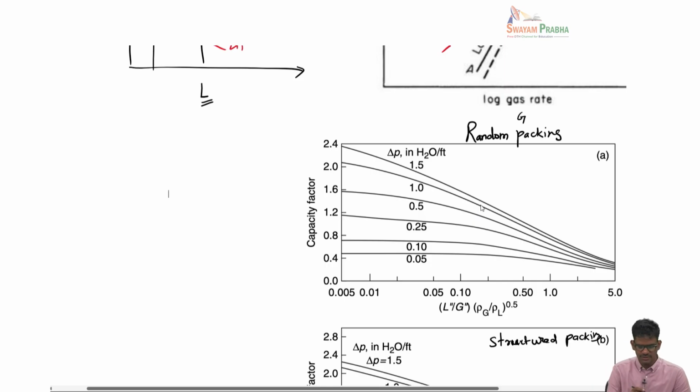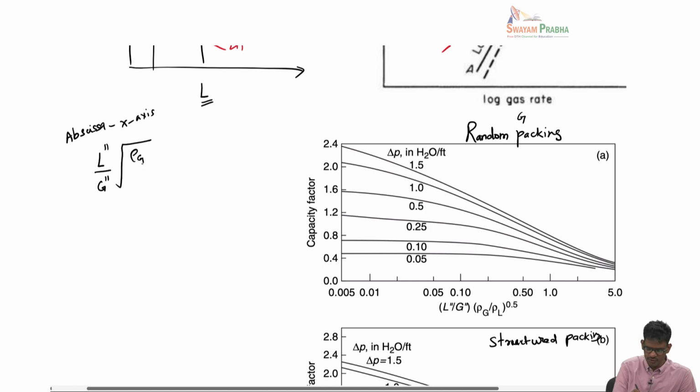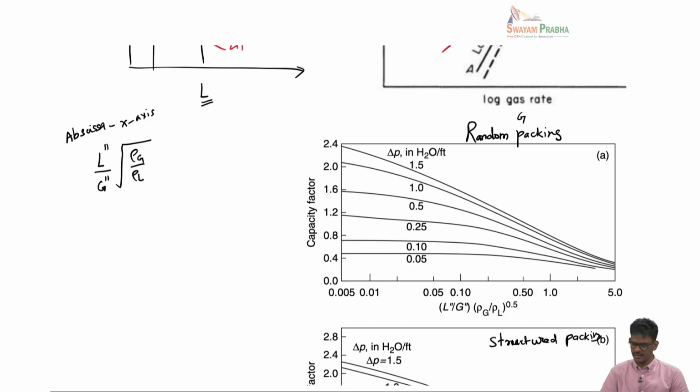Okay. So the x-axis or the abscissa is given as L double prime over G double prime times square root of rho G by rho L. Okay. So this is the x-axis variable.